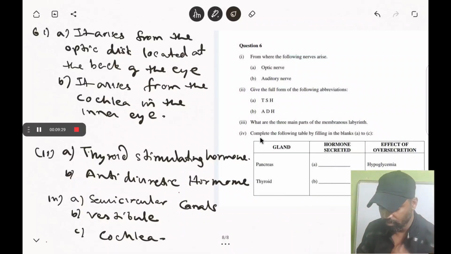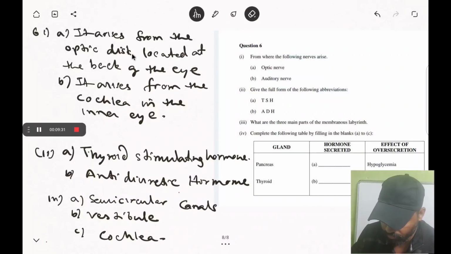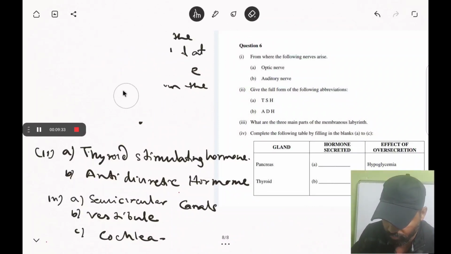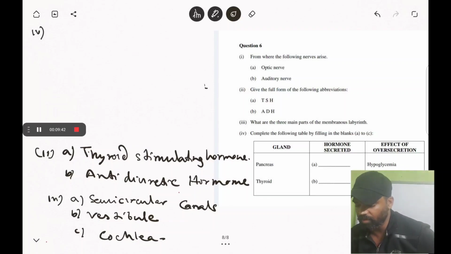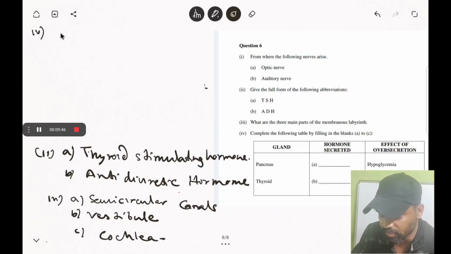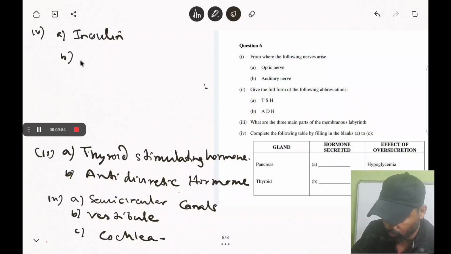Done. Now look at the last one, what they have told. I'll just rub the top one. Okay. Look at the last one, what they have told. Number 4. Complete the following table by filling in the blanks A to C. Pancreas, hormone secreted, insulin. Insulin. Yes or no? Number 2.